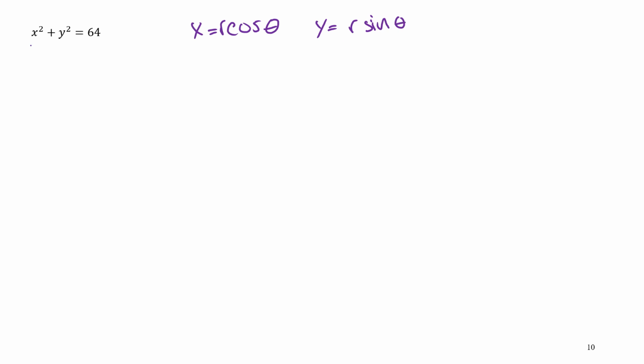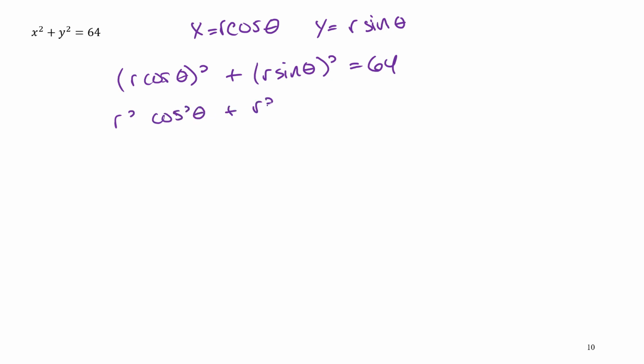So if we write this in terms of r cosine and r sine, we can write it as r cosine theta squared plus r sine theta squared equaling 64. Then when we distribute out the squared, we get r squared cosine squared theta plus r squared sine squared theta equaling 64.